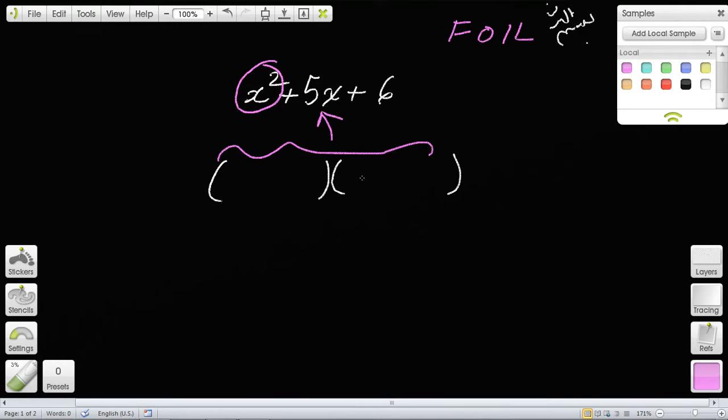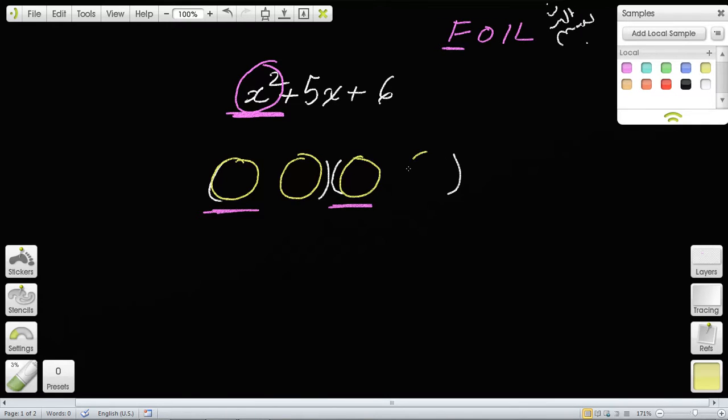So you keep that in mind and you say, okay, in FOIL, this is the first term. This first term is derived from this and this, right? So these are going to be binomials. Something over here, something over here, something over here, something over here. And there's going to be a plus here, a minus here, plus here, minus here, right?